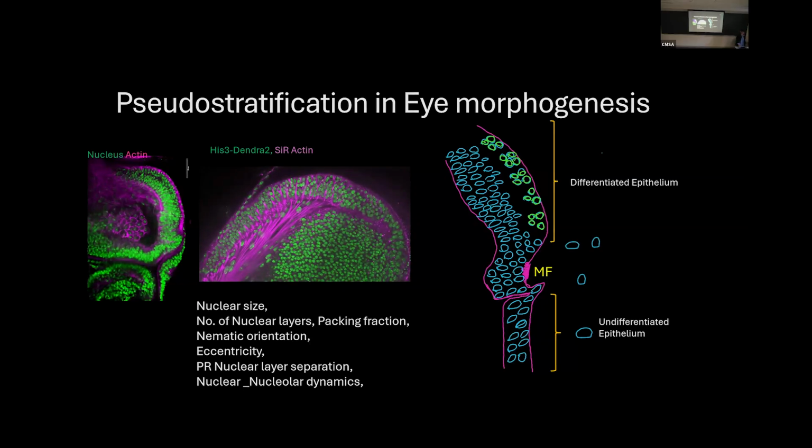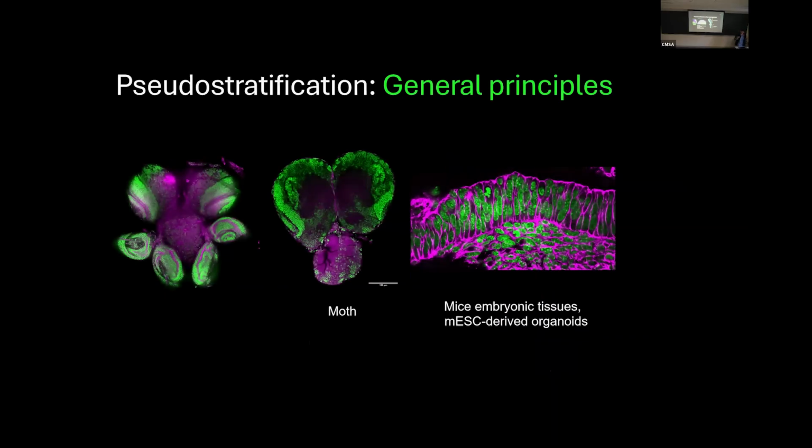But if you compare pseudostratified epithelia across many different species, just as a factor of nuclear morphological features and mechanical properties, can we find some general rules that explain tissue-specific behavior?